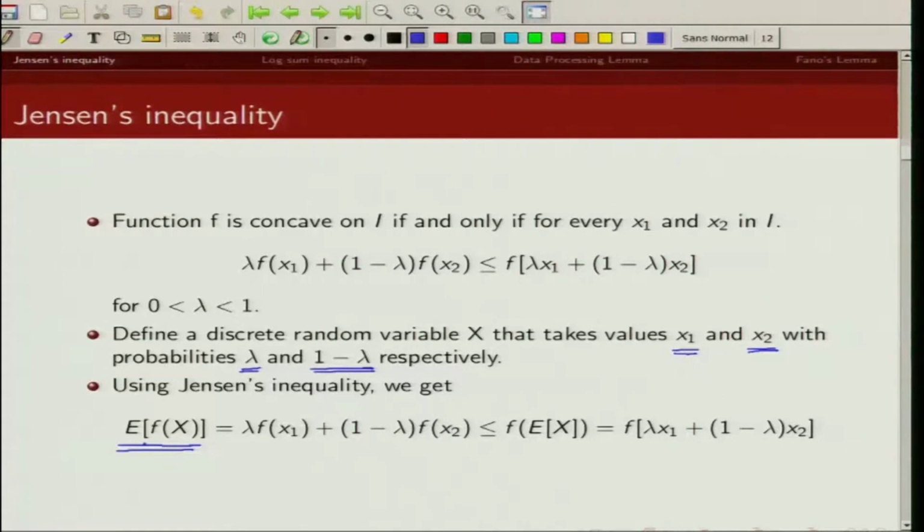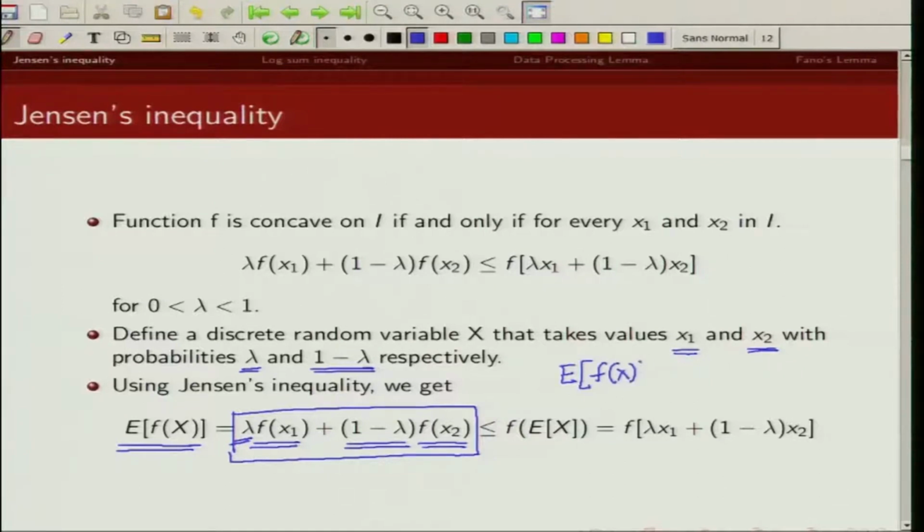So, the expected value of the function will be f of x1 multiplied by the probability of occurrence of x1, which is lambda, and f of x2 multiplied by the probability of occurrence of x2, which is 1 minus lambda. So, this is the value for the expected value of the function f of x.